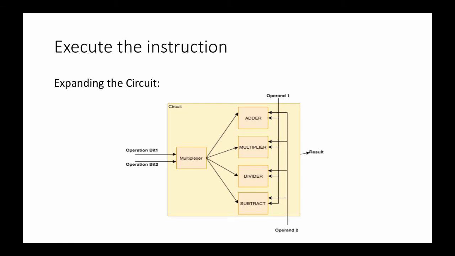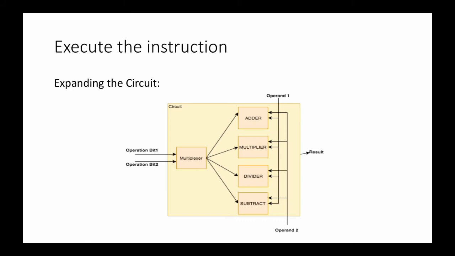So for example, if it receives 00 as its input bits, for the adder wire, it will send a current which is 1. For multiplier, divider and subtractor, it will not send any current. So it is sending 0 bits to those. And these adders or multipliers or dividers or subtractors get activated by this incoming bit from the multiplexer.